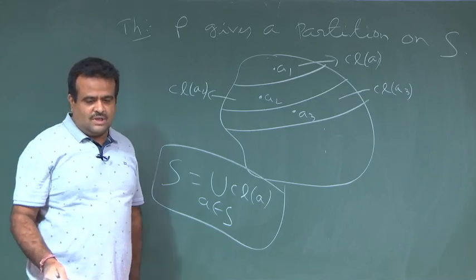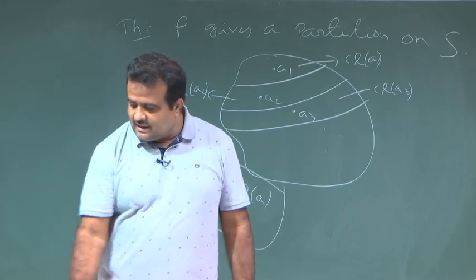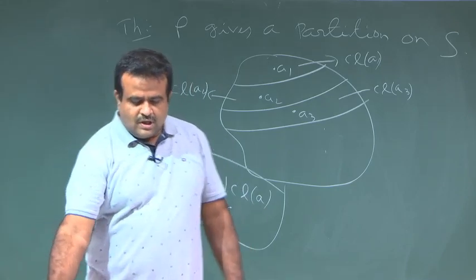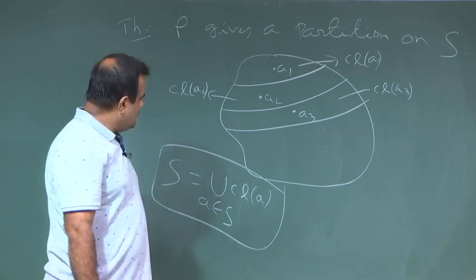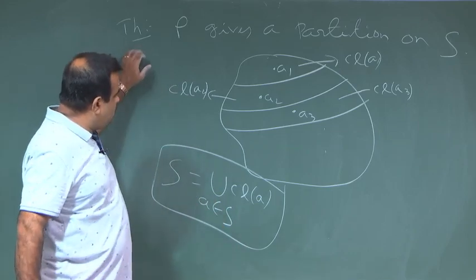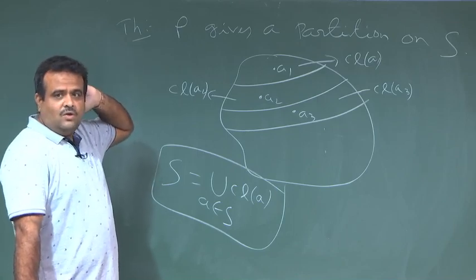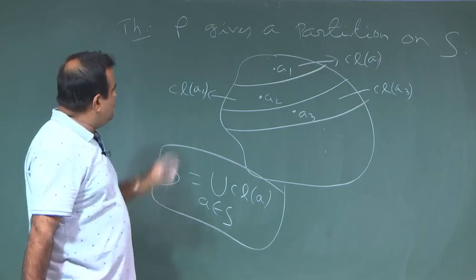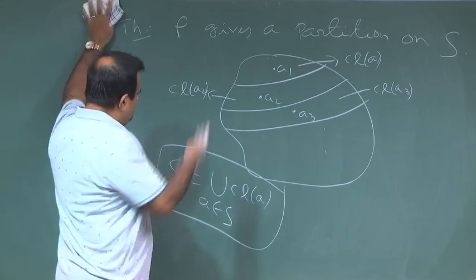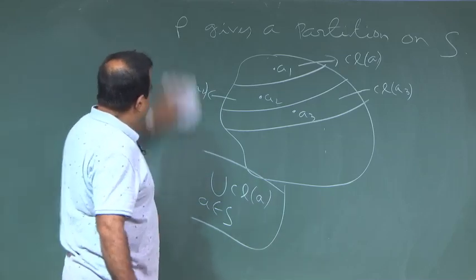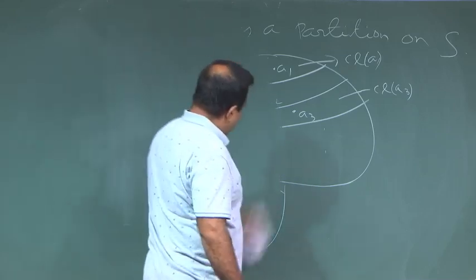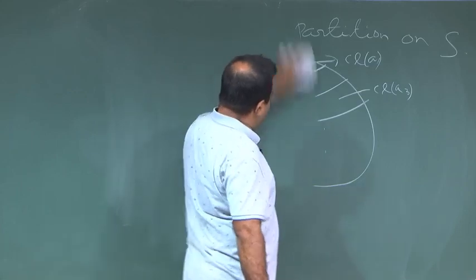So this will give us the partition, and the converse is also true. That means, if we have a partition, then we can have an equivalence relation. We will come to that, but before that, let us take an example of how to get these partitions, a real life example on the integer set.